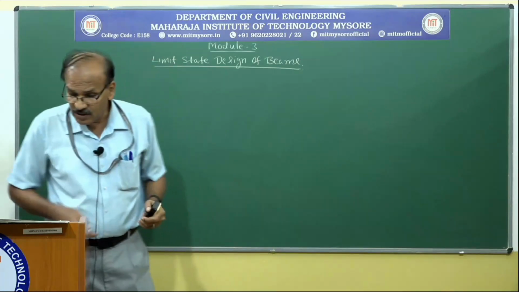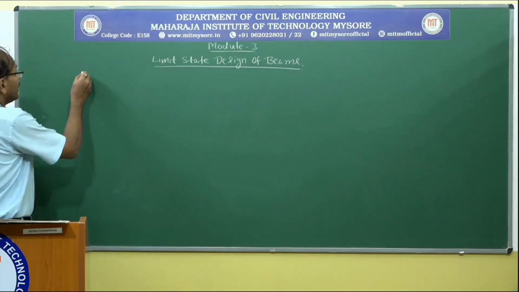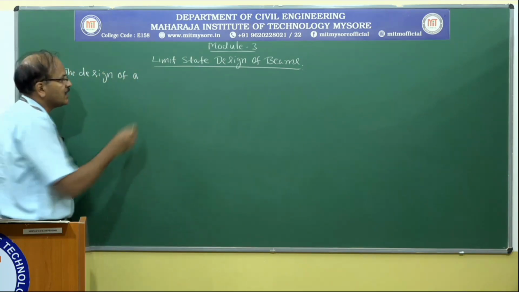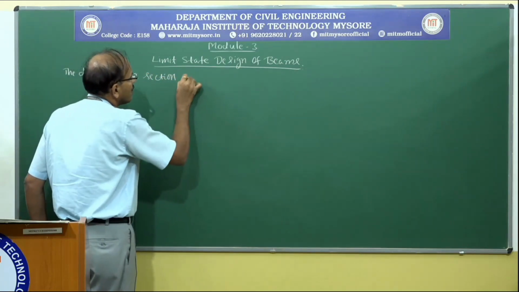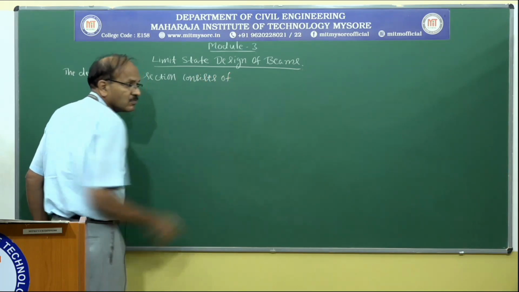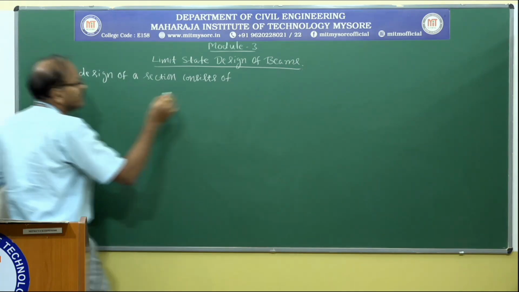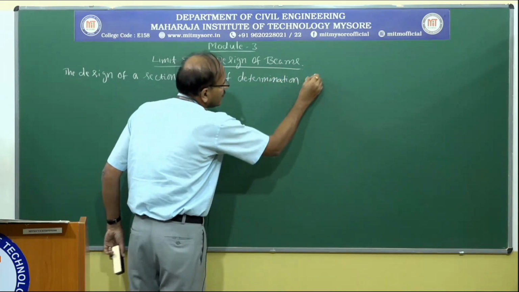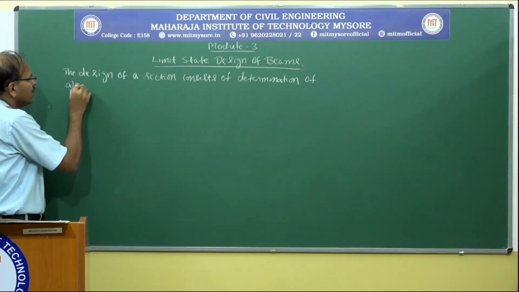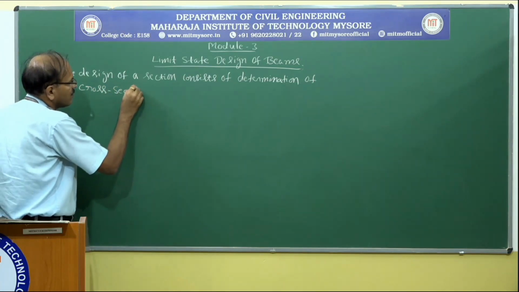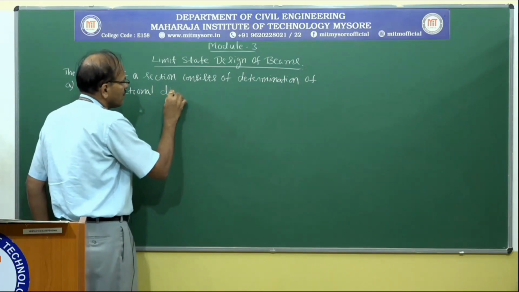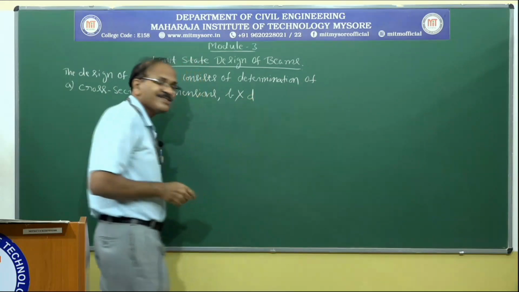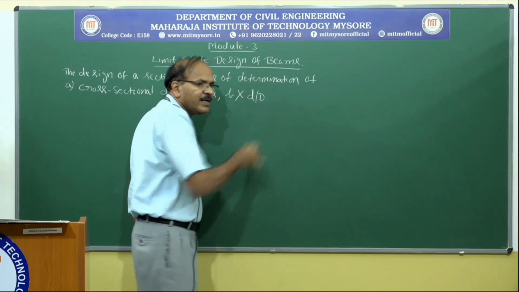Coming to this, please write down: the design of a section consists of determination of a cross sectional dimensions B by D, where B is the width and D is the effective depth, or capital D. Capital D is the overall depth.